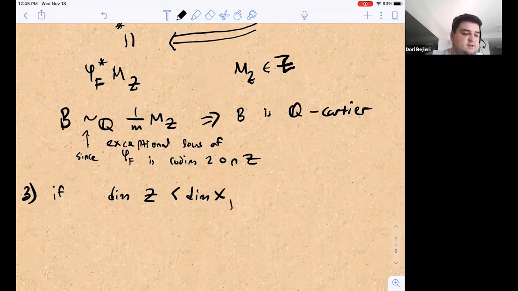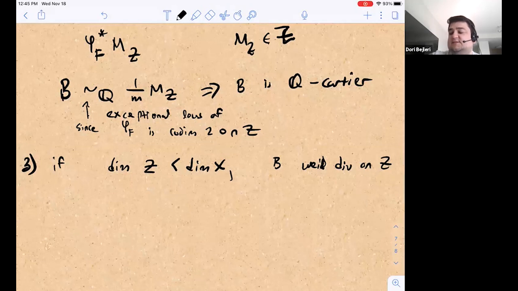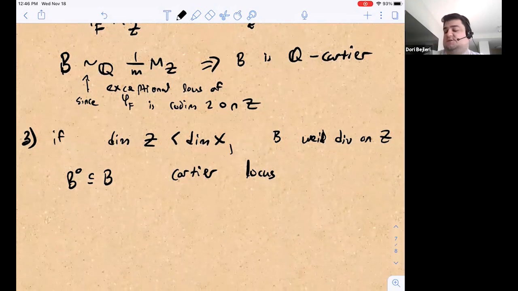So suppose dim Z is less than dim X, and B again is some Weil divisor on Z. Then, because Z is normal, there's some large locus on Z where B is actually Cartier. And the complement of this is codimension 2 in Z. So now we consider the pullback of this Cartier divisor B0, just restricting to this open set.